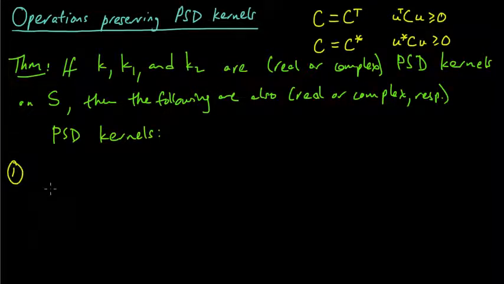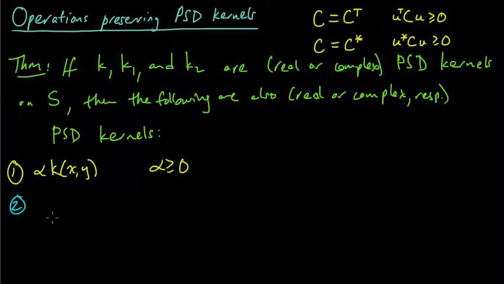The first one is the simplest, maybe, in some sense, if we just multiply by a constant. So we're going to take k here, multiply it by some non-negative constant, and this is a real positive semi-definite kernel if k was real, and complex if k was complex. Okay, I'll stop saying that about real and complex now.